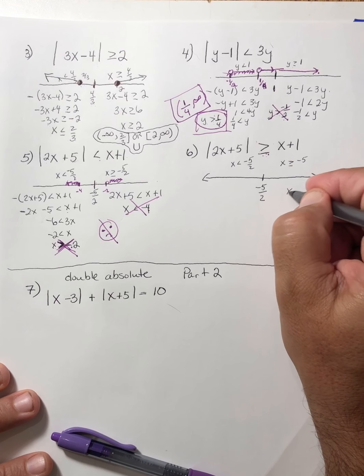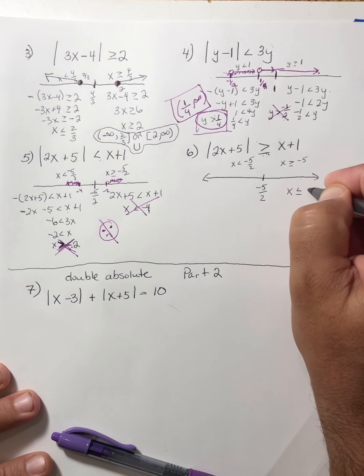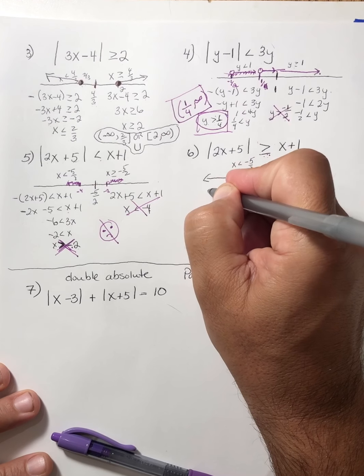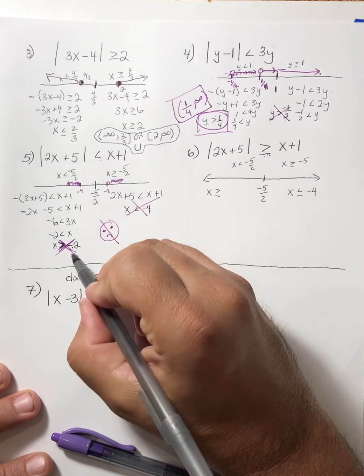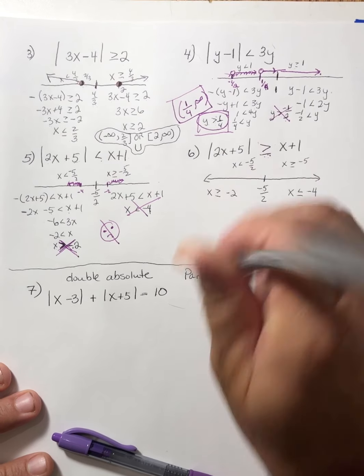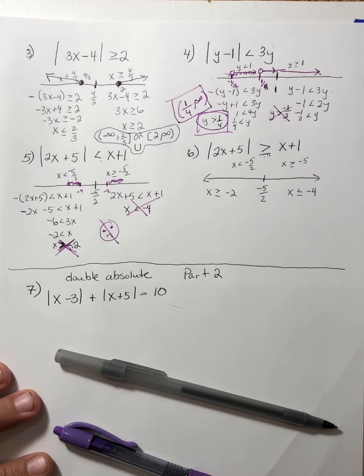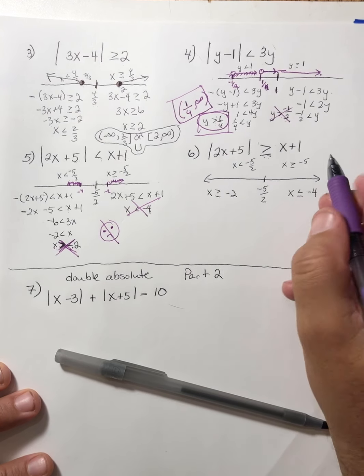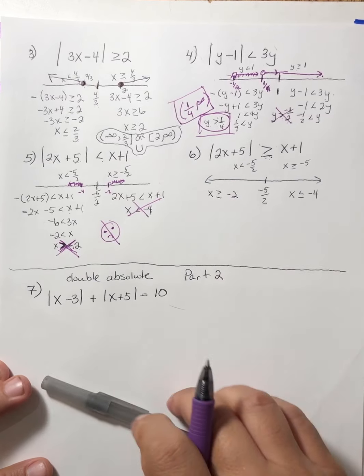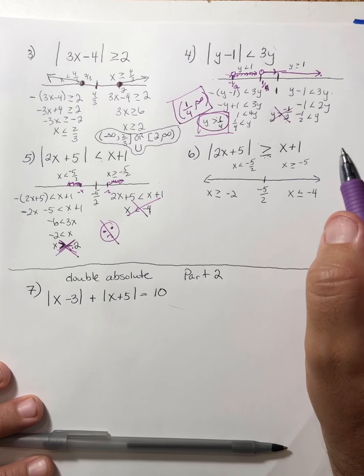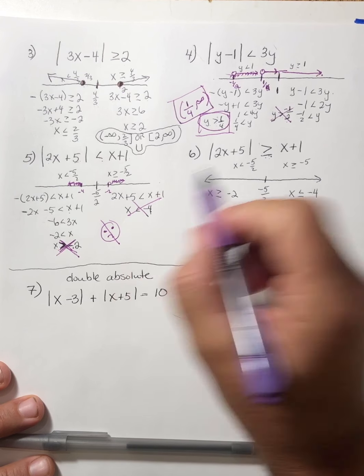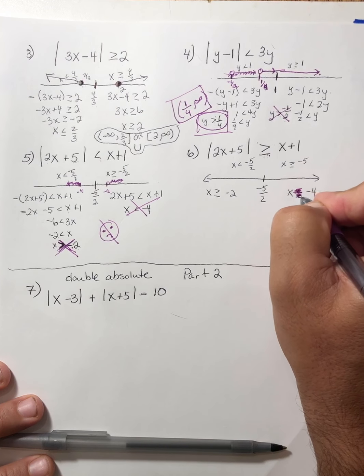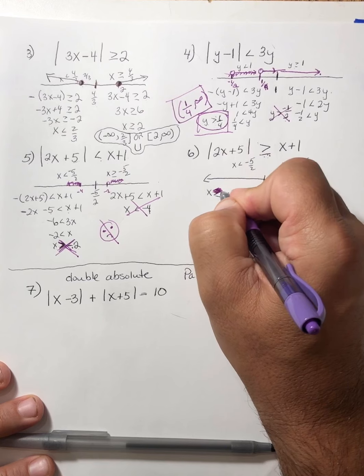Here, x was less than or equal to negative 1/4. Here, x was greater than or equal to negative 2. All right, now look at what happens. Oh, no, I made a mistake. I got to scribble out these inequalities. These inequalities are wrong.